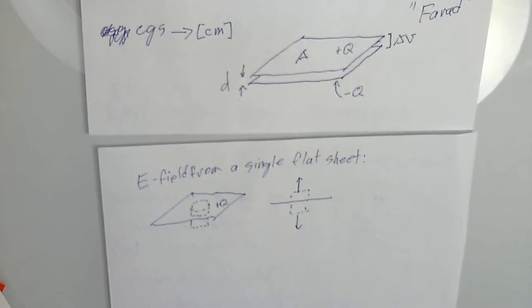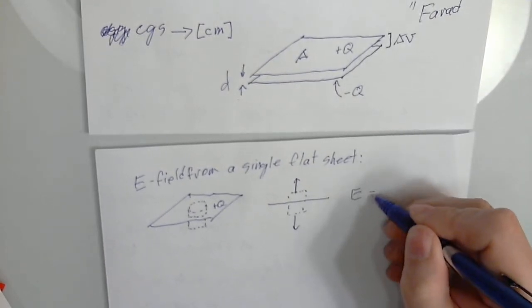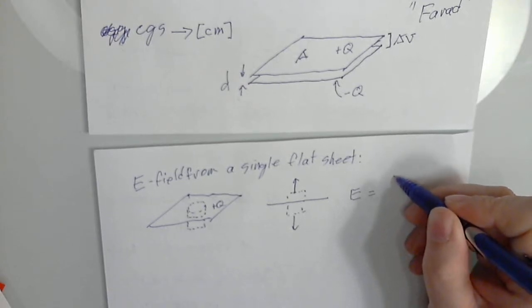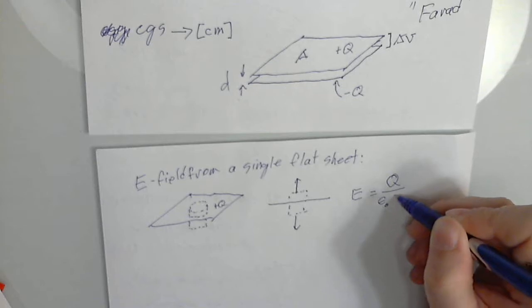And the strength of the electric field was equal to Q over epsilon naught A.